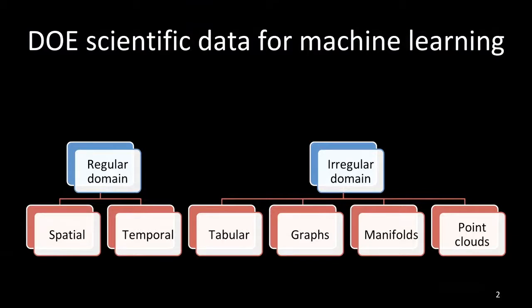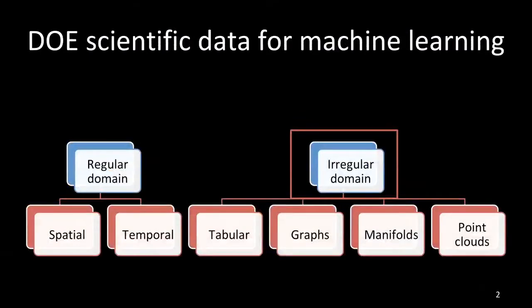Manifolds and point clouds are another: you can think of these as observations that come from a larger dimension, but lie on a different manifold. Similarly, point clouds. This type of data needs special treatment. We cannot just plug it into out-of-the-box machine learning methods and expect them to perform as well as they do on images or on time series data.